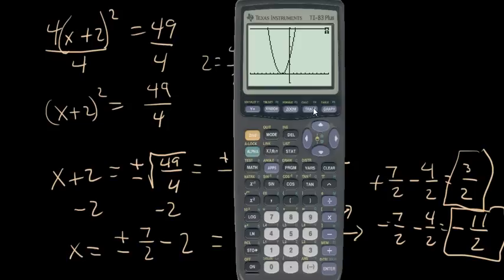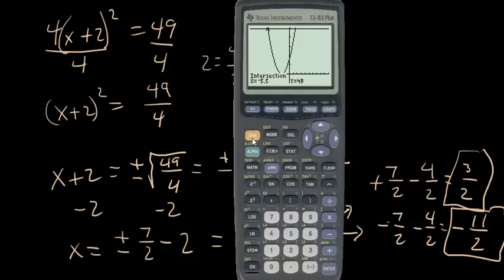And now I'm going to calculate and find the intersection, number 5. Move over here. And first find this one here. Enter, enter, enter. My intersection is negative 5.5, and sure enough, that's negative 11 over 2, negative 5.5. That's the same thing.